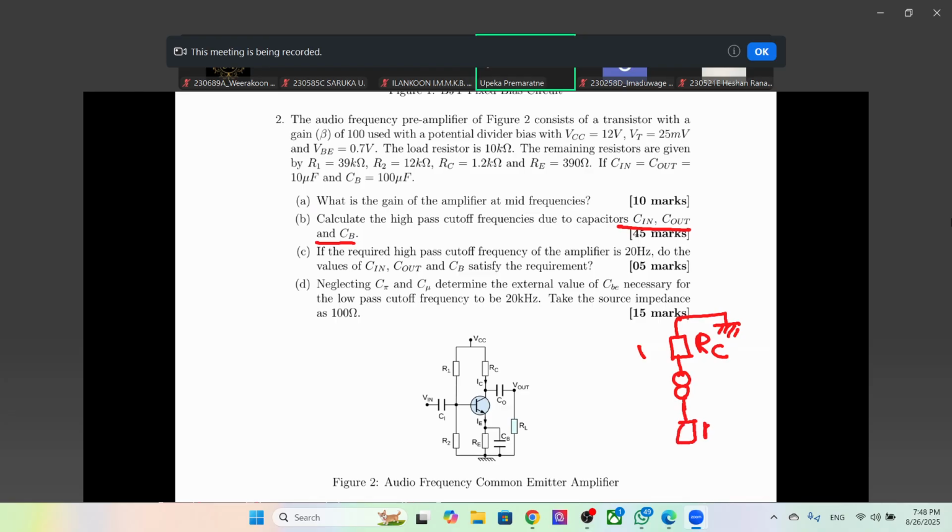Here we have R simple E, here R2 grounded, and here R1 grounded.